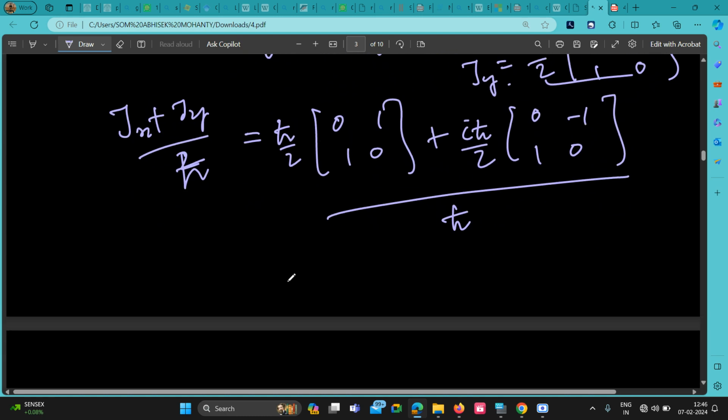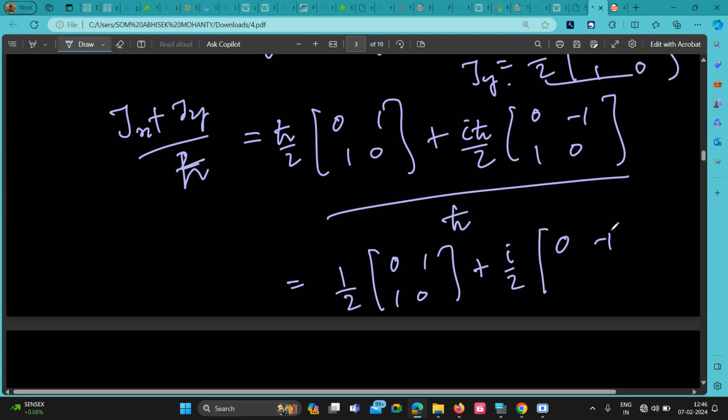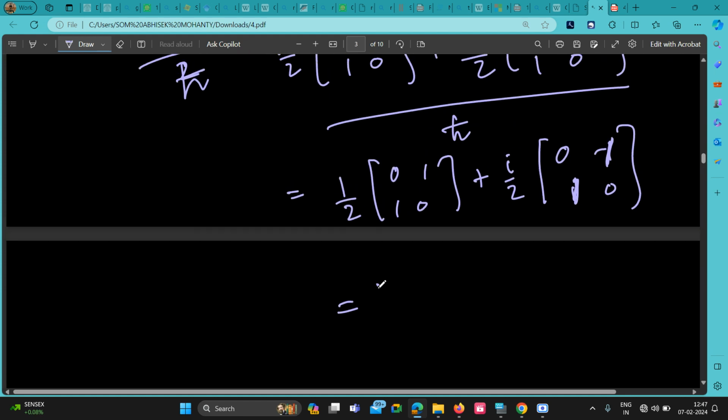The h cross cancels out: 1 by 2 times 0 1, 1 0 plus i by 2 times 0 minus 1, 1 0. If I add them, it is 1 by 2 times the matrix 0, 1 minus i; 1 plus i, 0.